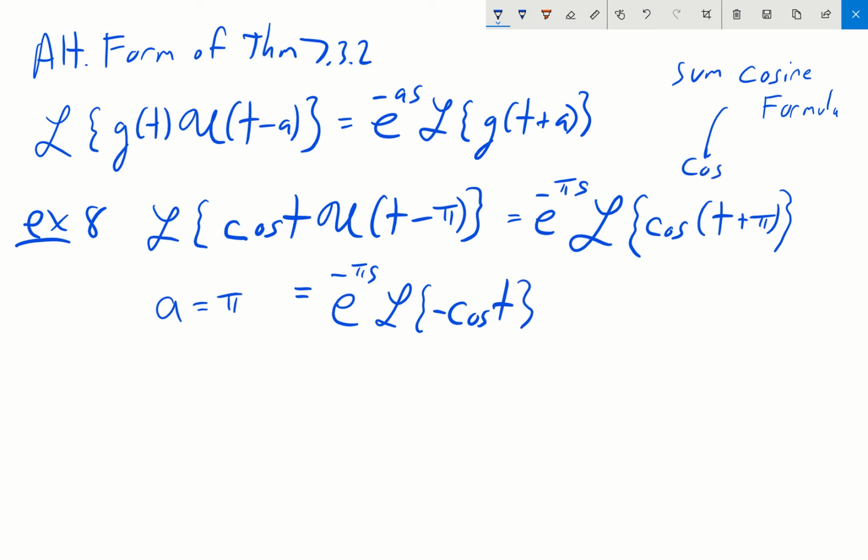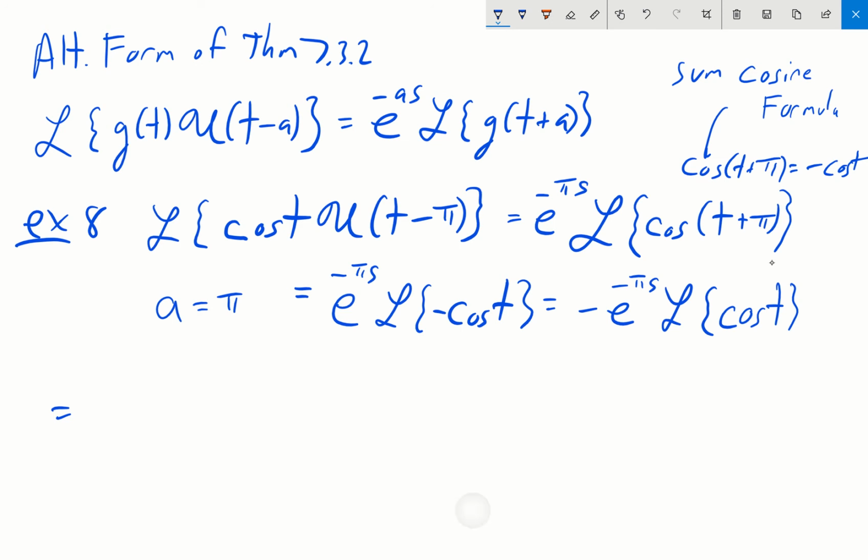So from trigonometry, it's easy to show that the cosine of t plus pi is simply equal to the negative of the cosine of t. We can then pull the negative out because we know that the Laplace transform is linear. So we get negative e to the negative pi s times the Laplace transform of cosine of t.